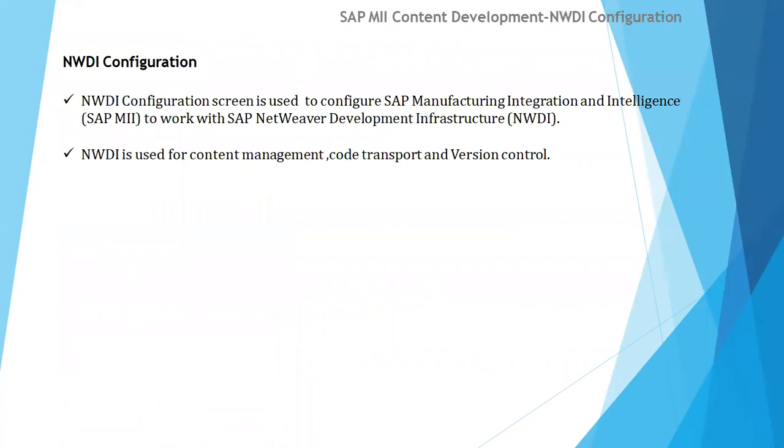So what is the NWDI configuration? NWDI, the full form is NetWeaver Development Infrastructure. NWDI is mainly used for your content management or version control in SAP MII and transporting your code from one environment to another environment, like development to quality, quality to production.